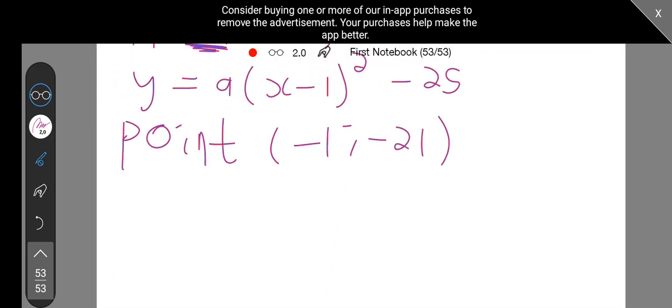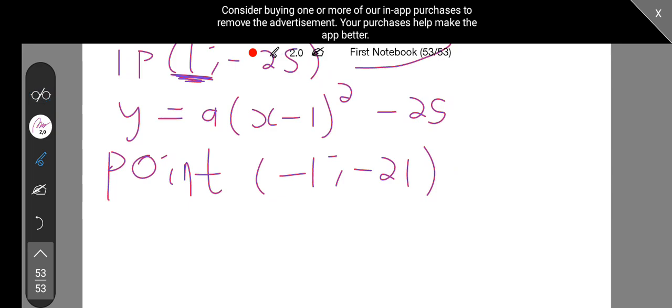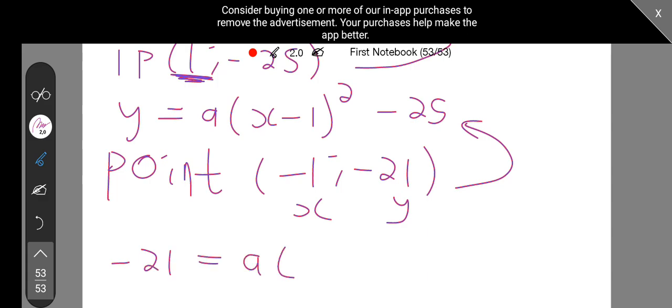Yes, they are both negative. So this is x and this is y. Where we see y, we're going to plug in minus 21. So minus 21 is equal to a multiplied by (minus 1 minus 1) squared minus 25.